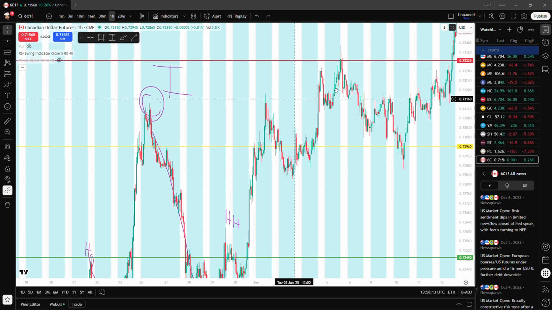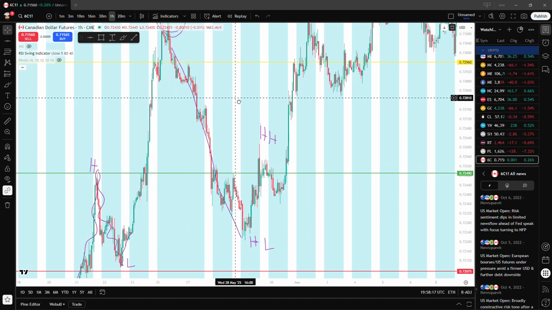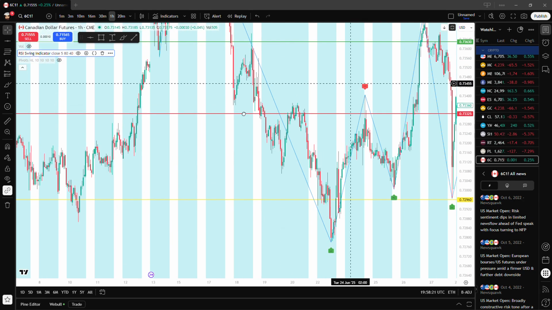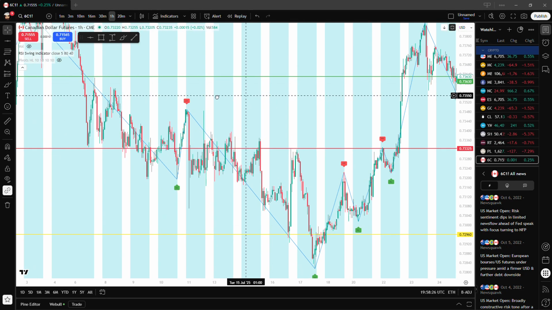Let's try to see what I was trying to say for an example. So we draw our levels and then it gives an indication.